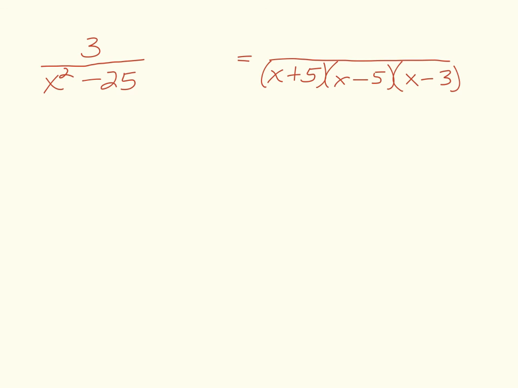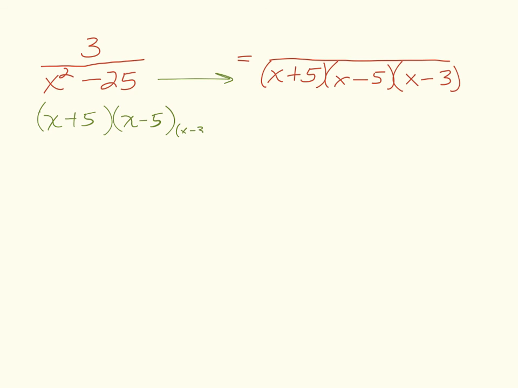Okay, one more. Let's factor. x squared minus 25 is a difference of two squares. So we're going to go x plus 5 and x minus 5 multiplied times each other. So what's the missing factor? What's going to make it look like that? We are missing x minus 3.